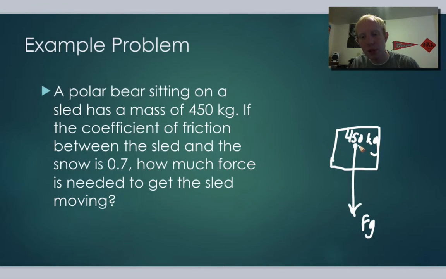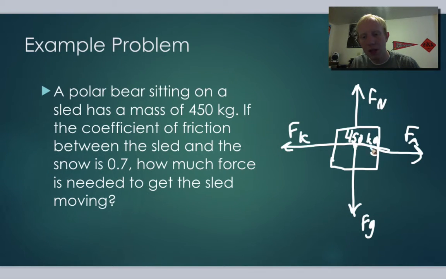You're trying to push it, and you also know there's going to be friction. So you have the friction force, the applied force, and then of course the normal force coming out as well. So pretty much this is a well-balanced diagram.